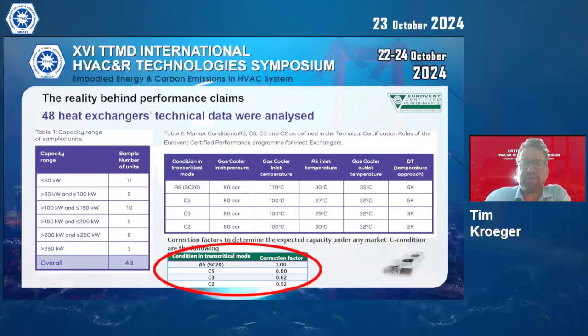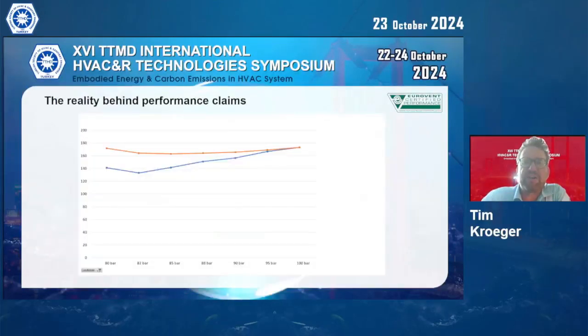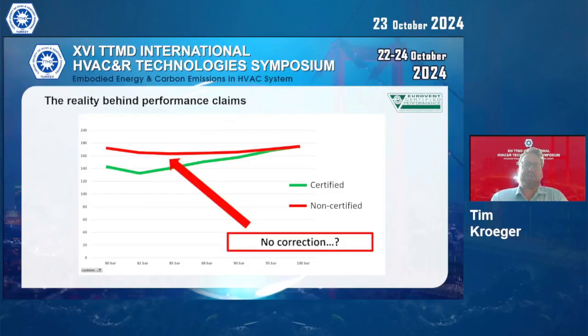I'm just showing this to show you that as you move away from standard conditions, you would have to apply certain correction factors. So what we have done now, we have actually looked at the certified capacities and the non-certified capacities. And as we can see, the non-certified capacities, where that big red arrow points towards, they typically do not apply significant enough correction factors.